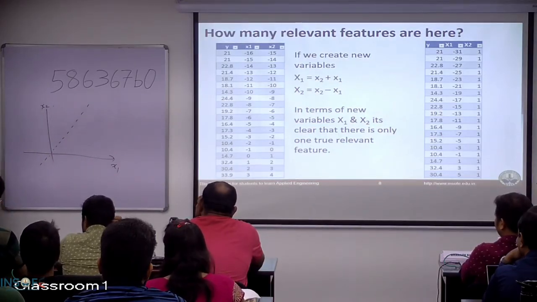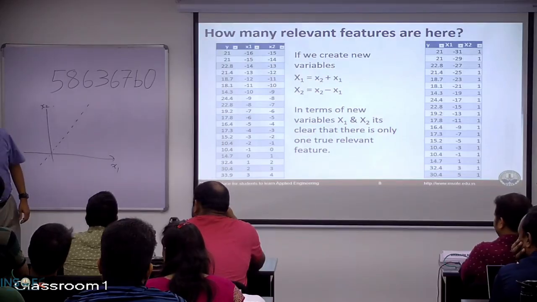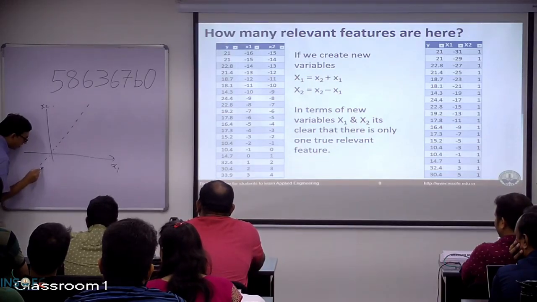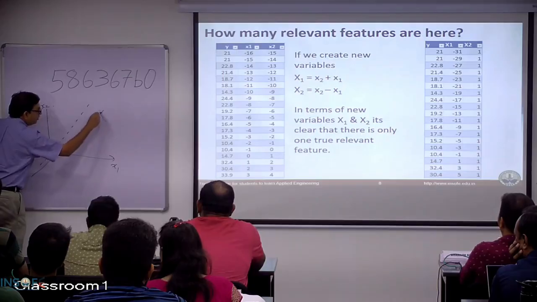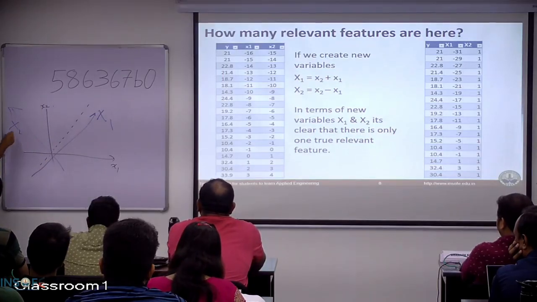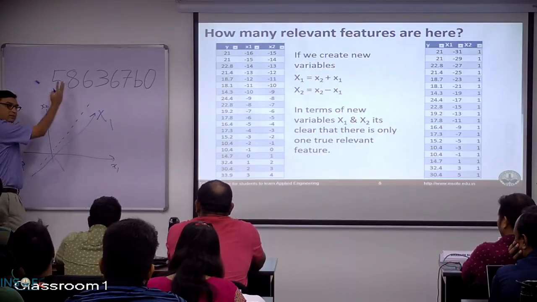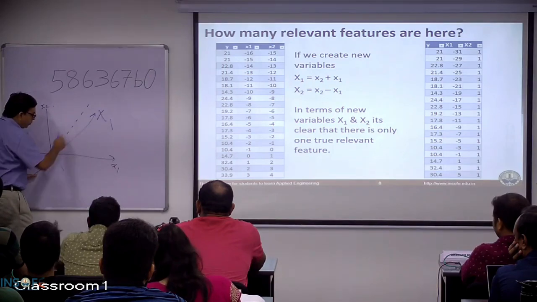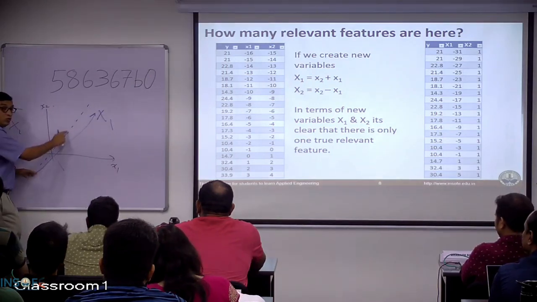What that transformation does is effectively create new variables whose axes are capital X1 and capital X2. It took a rotated axis, and in that rotated axis, along X1 is the variation and along X2 there is no variation.